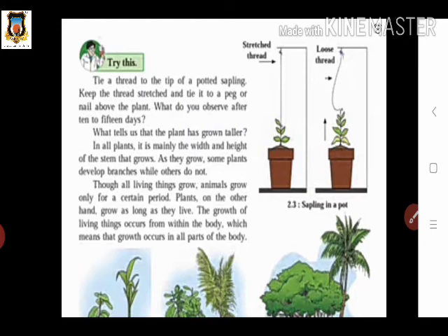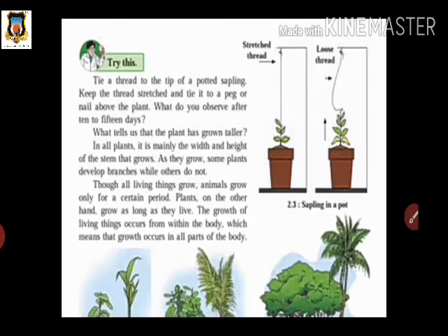The growth of a plant doesn't stop until its death. If the plant dies, means it gets damaged or destroyed, then its growth stops.